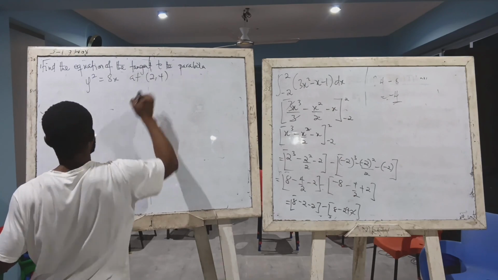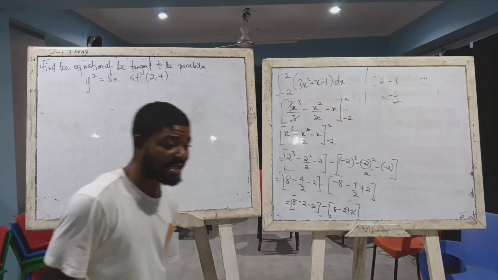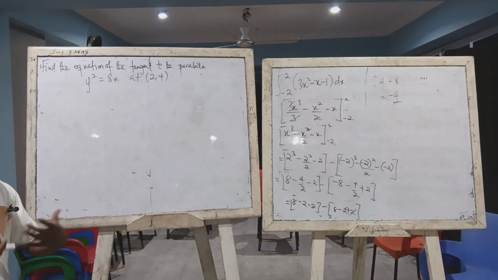When you hear questions of this nature, find the equation of the tangent to the parabola y squared is equal to 8x at 2, 4, or at any other point, you should be considering differentiation.